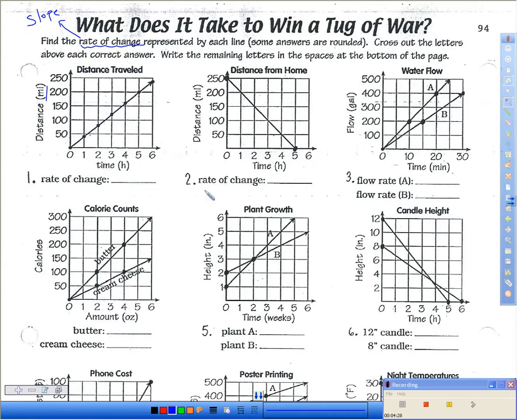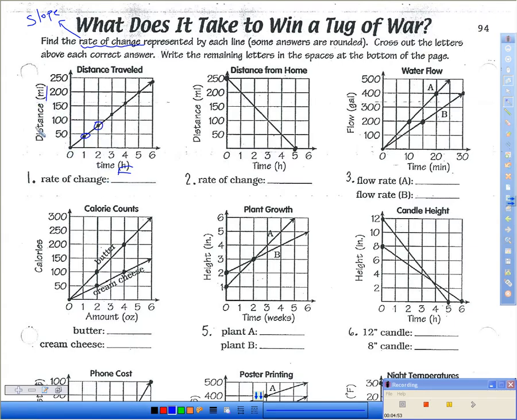We said that we can find that by finding 2 different times, subtracting those, and subtracting the corresponding distances. So what we mean is this. Let's just choose 2 points, and let's estimate on this.